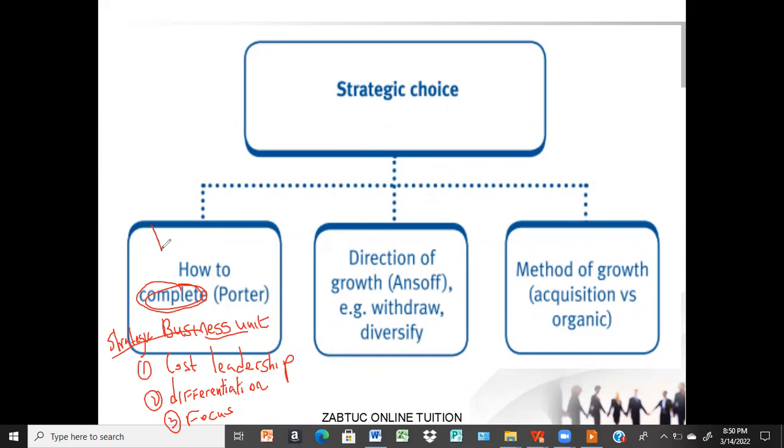At this point also, I want to remind you of corporate level strategy. What do we mean by corporate level strategy? What's the focus?